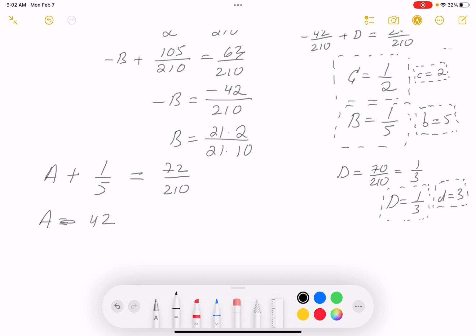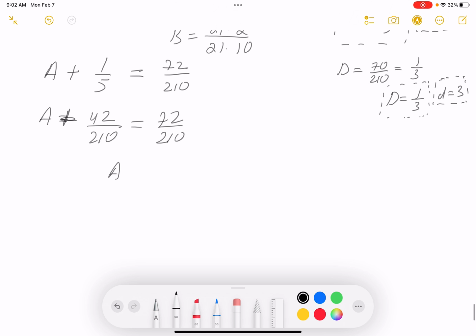I'm sorry about that. And A would be 30 over 210, or 1/7. Let me write that down. A is 1/7. And that means lowercase a would be 7.